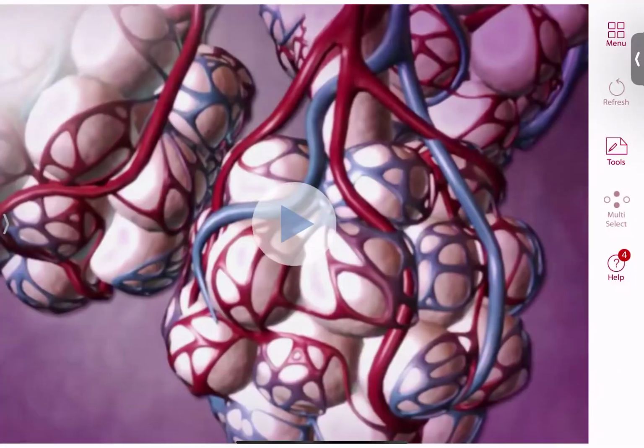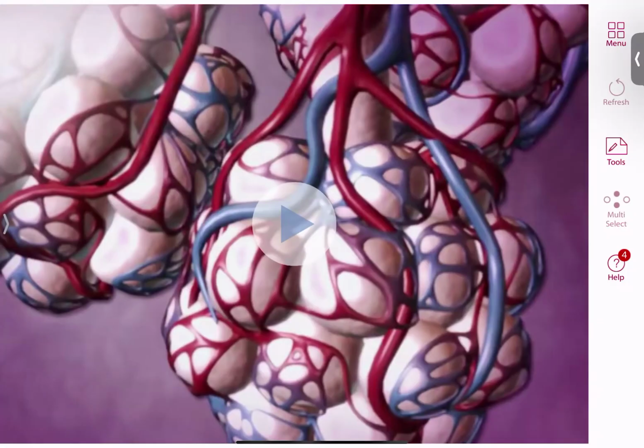Now, most of the oxygen is carried by hemoglobin in the form of an unstable complex called oxyhemoglobin. This oxyhemoglobin is unstable, so that allows the hemoglobin to dissociate away from oxygen when the oxygenated blood reaches the tissues. So once it reaches the tissues, the oxygen will dissociate from hemoglobin and it will be delivered to the needy tissues.